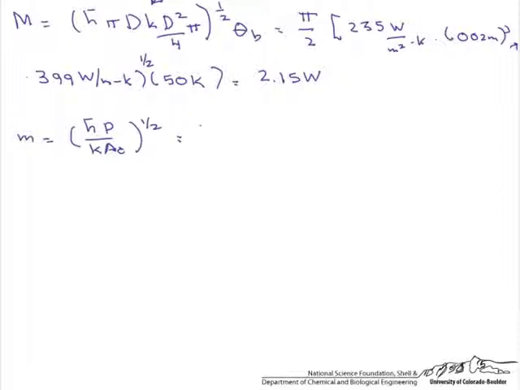So we're left with 4 times 235 watts per meter squared K, divided by 399 watts per meter K times 0.002 meters, and this is to the 1/2.